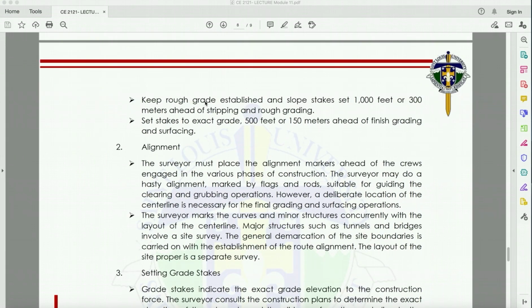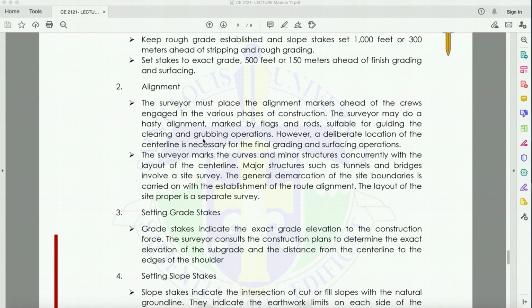Keep rough grade established and slope stakes set 1,000 feet or 300 meters ahead of stripping and rough grading. Set stakes to exact grade 500 feet or 150 meters ahead of finishing grading and surfacing.